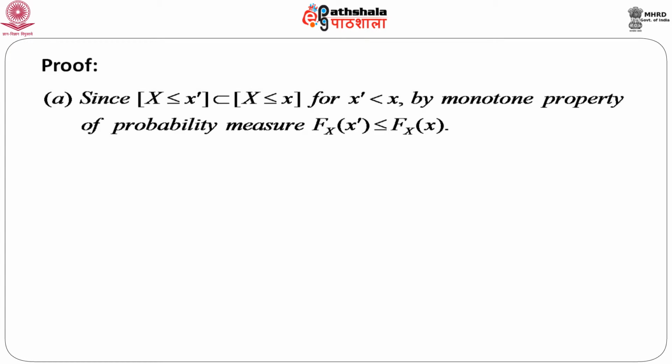To show that a distribution function is always non-decreasing, just note that if we consider the event capital X less than or equal to x prime, which must be a subset of capital X less than or equal to small x for x prime less than x, that means this is contained in this set, then you consider this to be A and this to be B. So, A is a subset of B, then naturally by the monotone property of probability measure, we can immediately say that probability of A is less than or equal to probability of B, which means probability of A is nothing but f of x prime and probability of B is nothing but f of x.